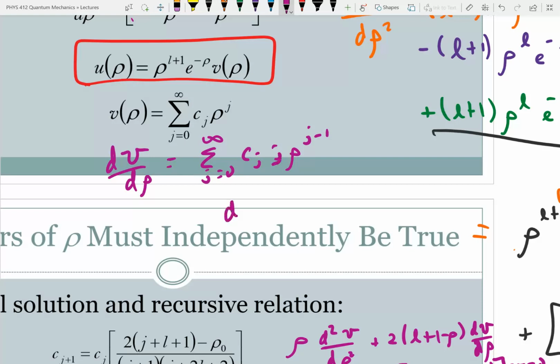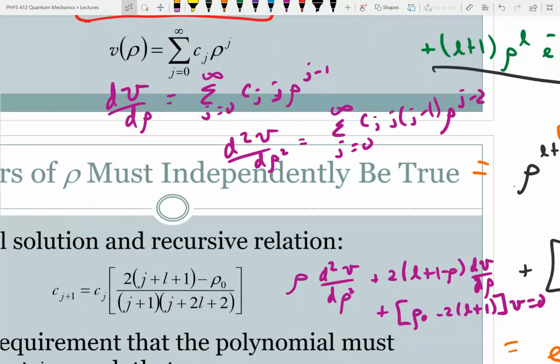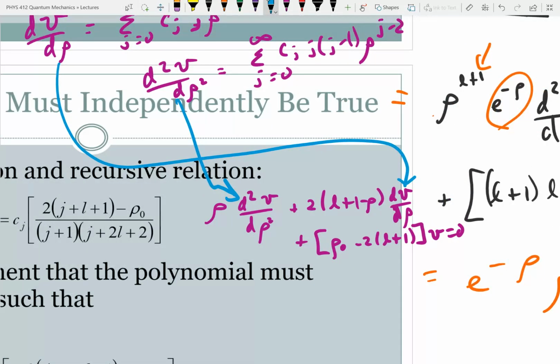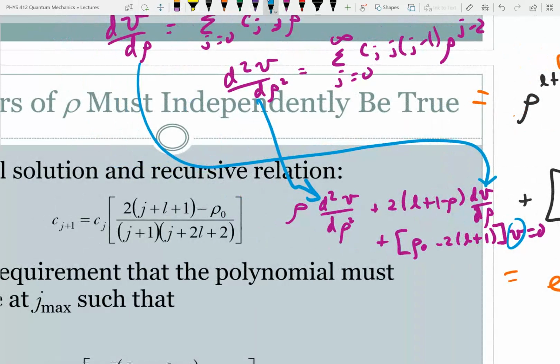And likewise, d second V d rho squared is equal to that, so we can make that substitution. That goes there, and that goes there. And of course, the V is going to be substituted with our original. And now we're going to have a summation in each one.